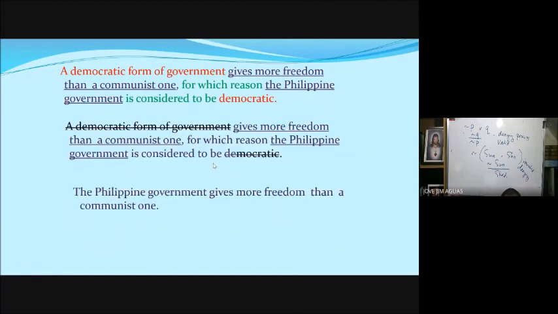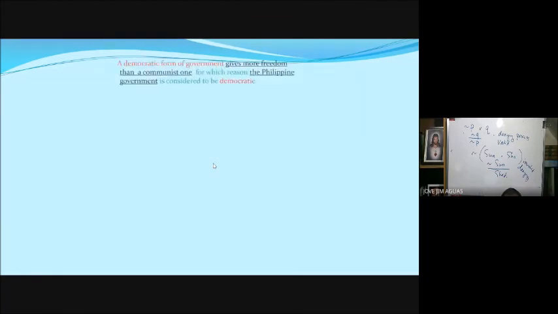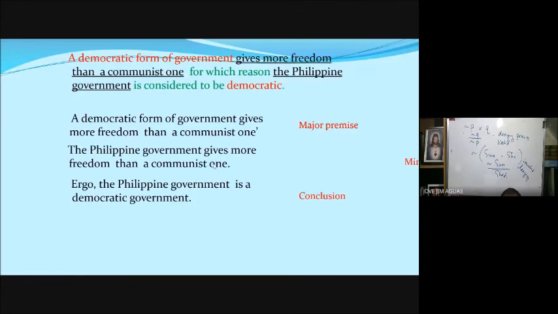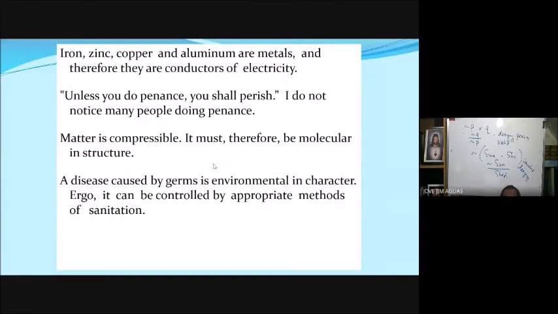Let's go to some of these examples. We are going to form the implied statement. Iron, zinc, copper, and aluminum are metals, and therefore they are conductors of electricity.